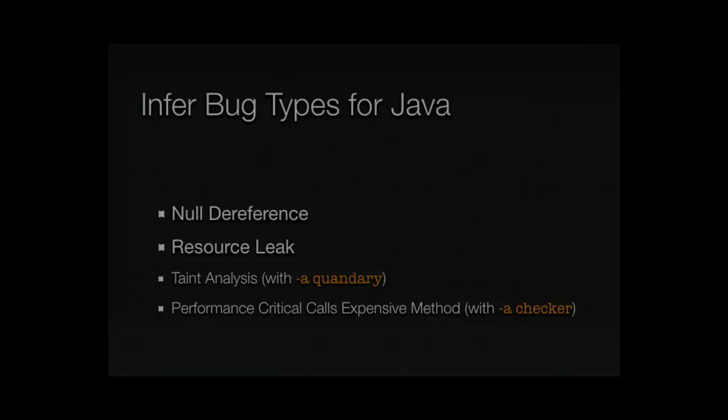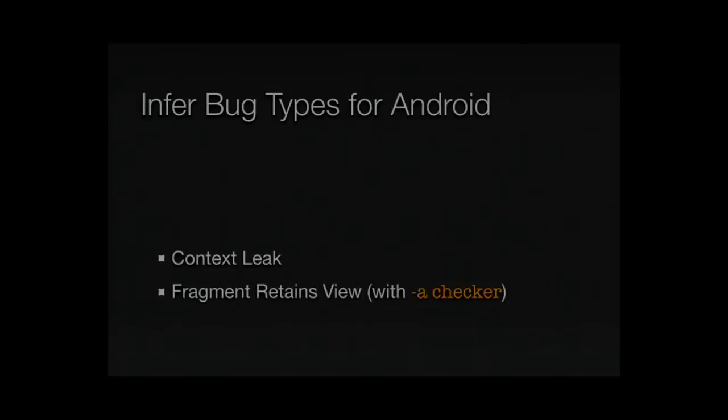For instance, things that run on the UI thread in a mobile app, and you can annotate other methods as expensive. And then Infer will check for you that there is never a call chain from a performance critical method to an expensive one. And others. Again, see the website. We have also some Android specific checks like context leaks and fragment retains view.